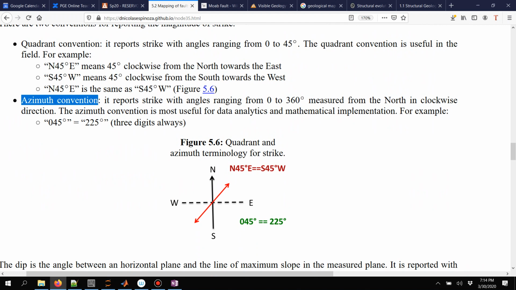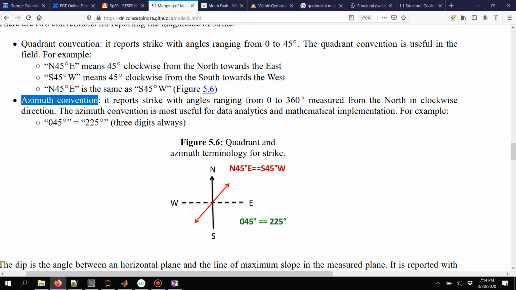If I'm looking at this one, it's from the north 90, 180, 225 degrees in direction clockwise towards that line. We're going to see later on that it's not exactly the same 45 or 225, and that depends on the depth of the fault.